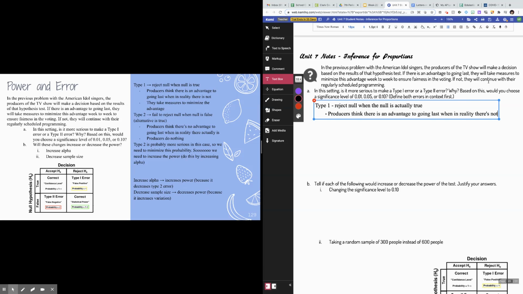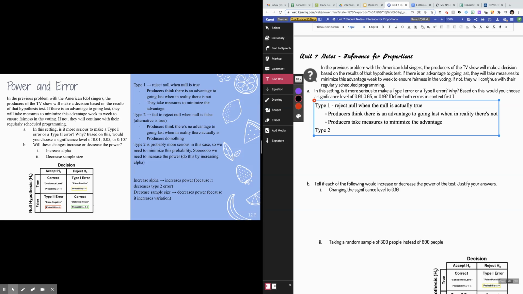Okay, so if they think there's an advantage to going last, they're going to make a decision based on that premise, right? So they're going to take measures to minimize the advantage, right? So producers take measures to minimize the advantage. Okay, so that would be a type 1 error.